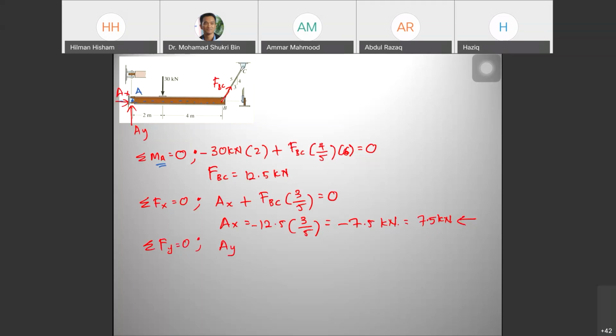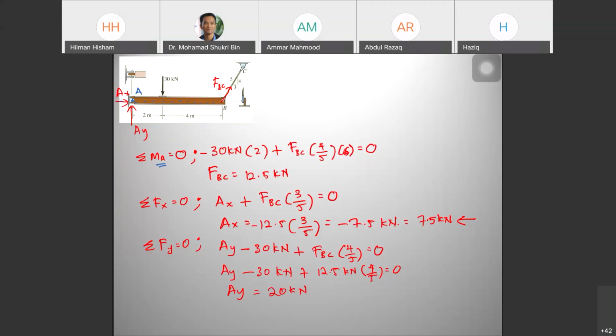Summation of Fy is 0. So you have AY minus 30 kilonewton plus FBC times 4/5 equals 0, with FBC being 12.5. So AY is 30 minus 12.5 times 4/5, so 20 kilonewton.